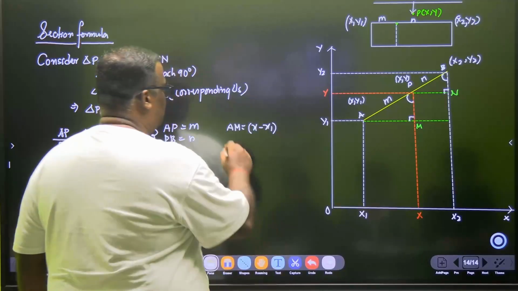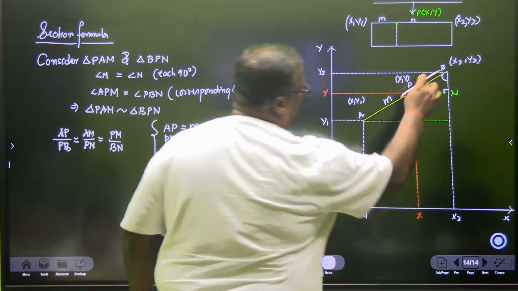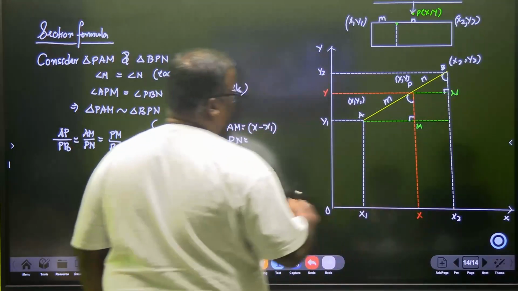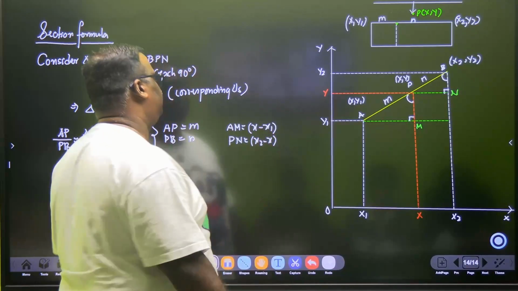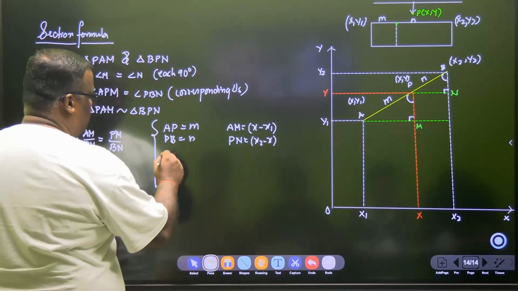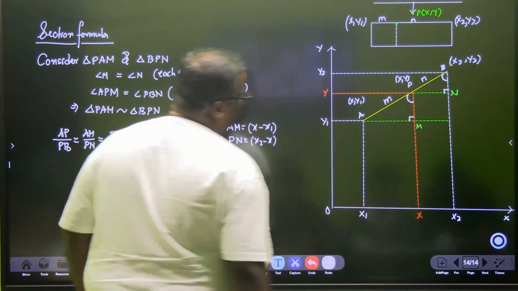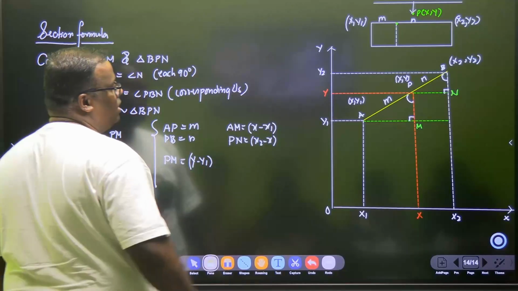Similarly, can you tell me the value of PN? PN will be X2 minus X. Clear? We have one more, PM now. Can you tell me only PM? Y minus Y1. Did you understand?